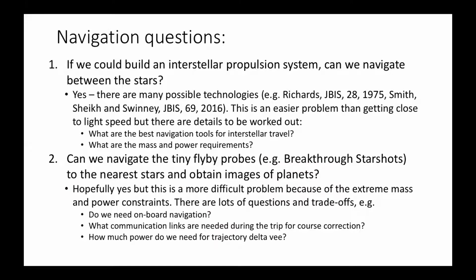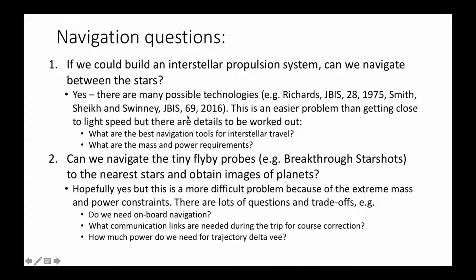So navigation is a difficult problem if you're traveling between the stars. A couple of fundamental questions: how would you do it? How do you navigate when you're in interstellar space?